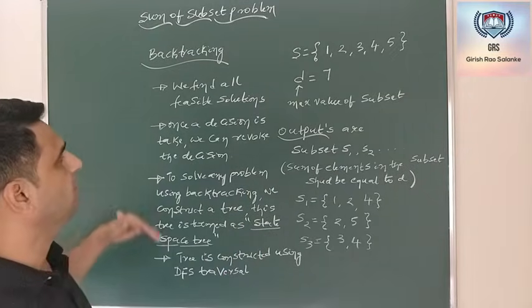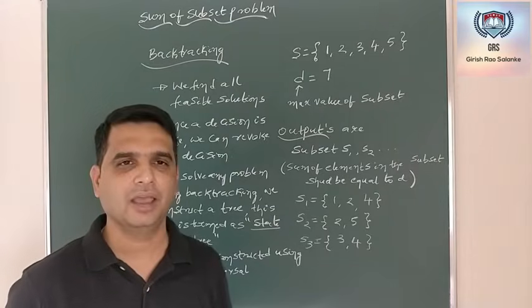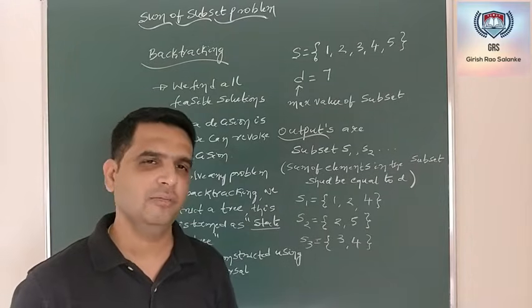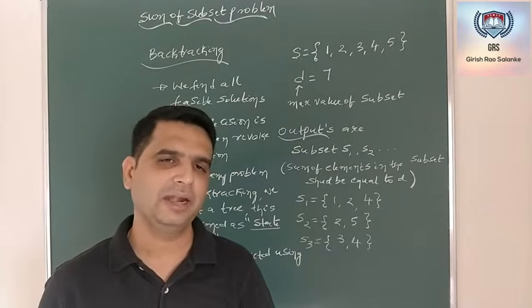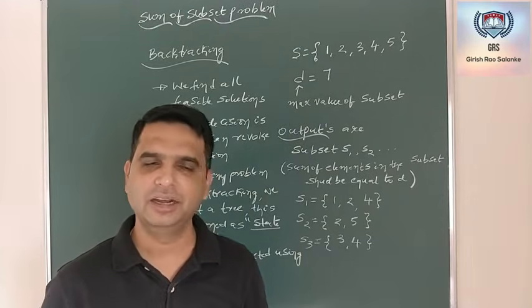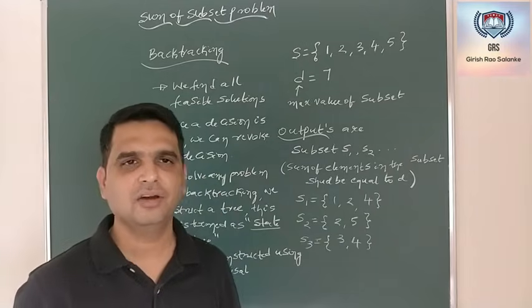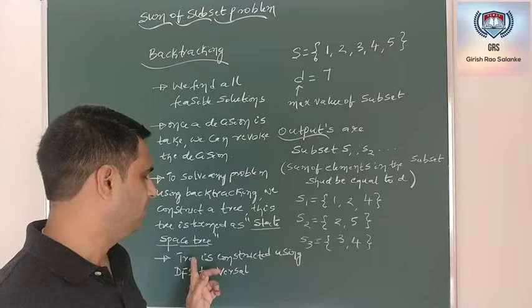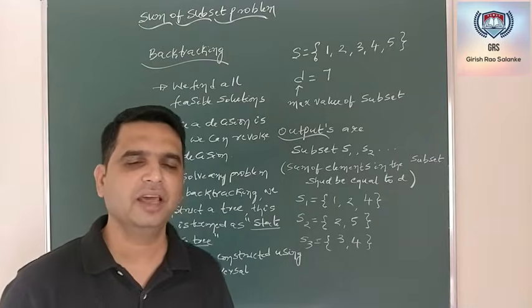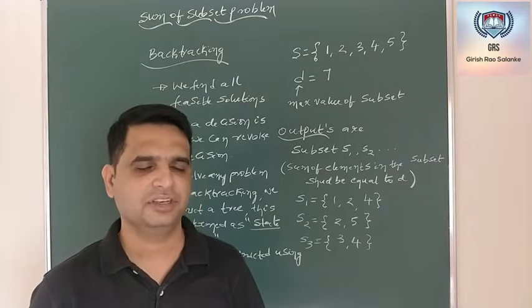These are some of the points with respect to backtracking. If a decision does not lead to a feasible solution, we backtrack that decision. The tree that we construct is called the state space tree, and it is constructed with the help of DFS traversal.